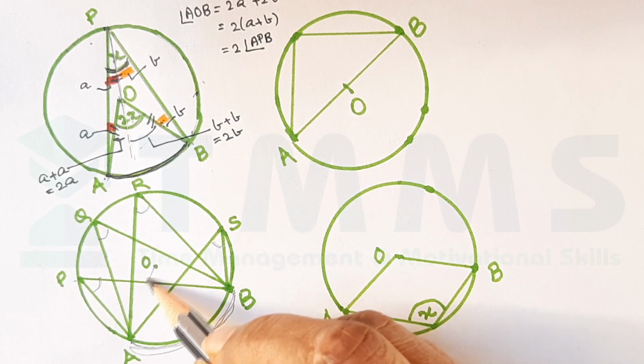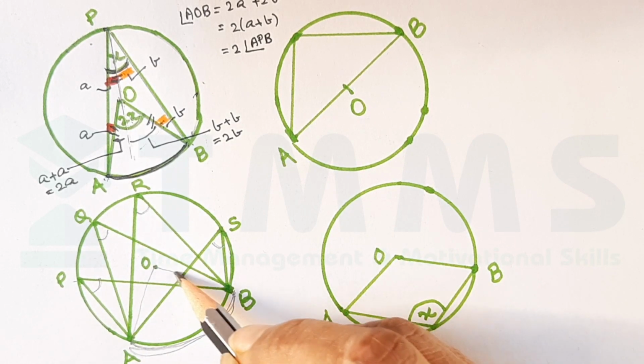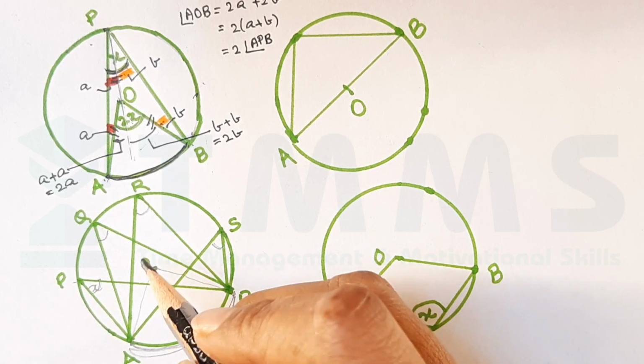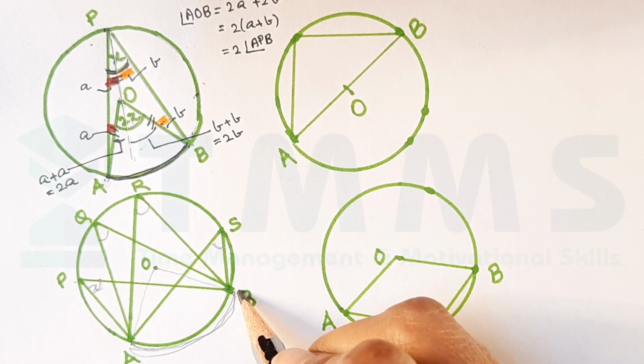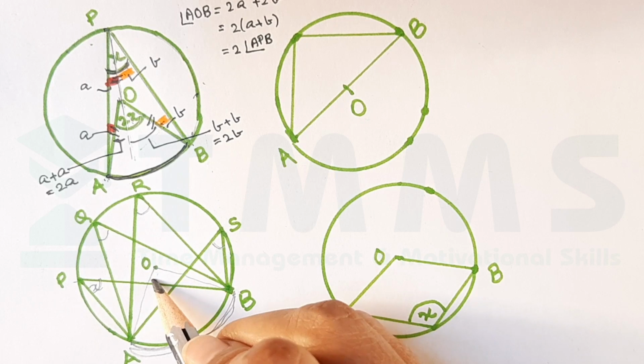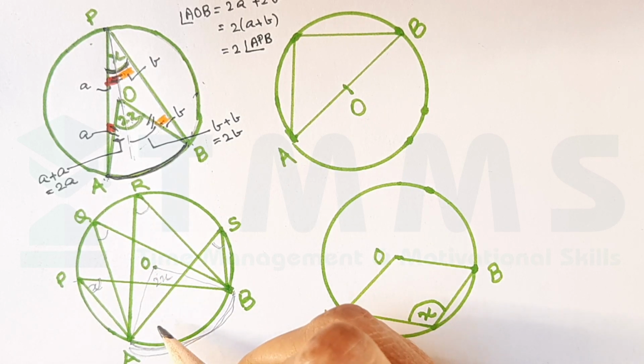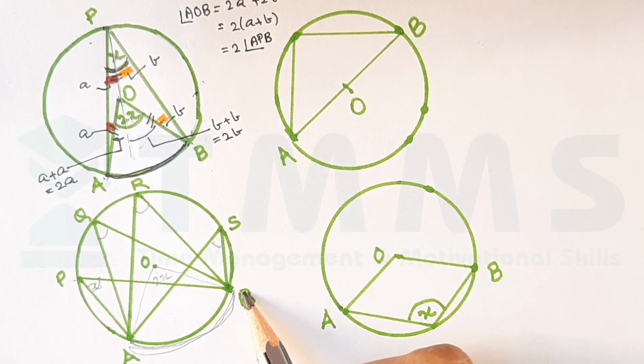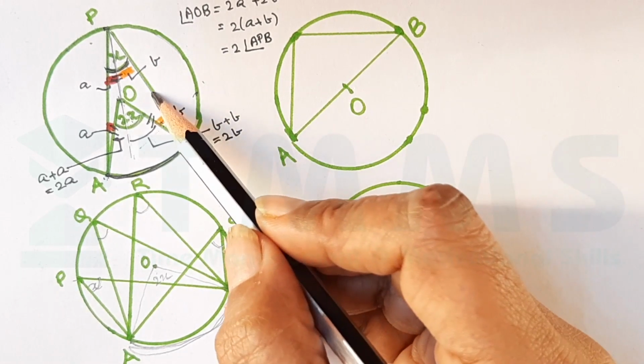And if we join AO with BO, we will see if this angle is x, then angle AOB, the angle at the center, becomes 2x. Got that? So we have the angle at the center is twice the angle at the circumference, just as the first theorem told us.